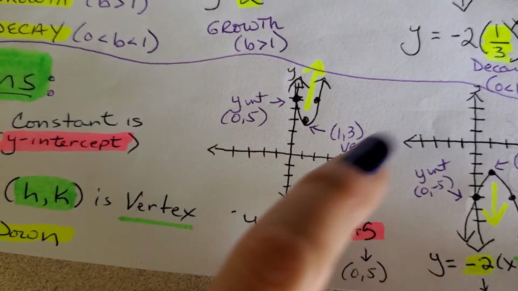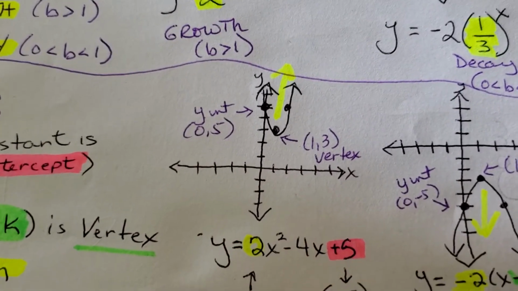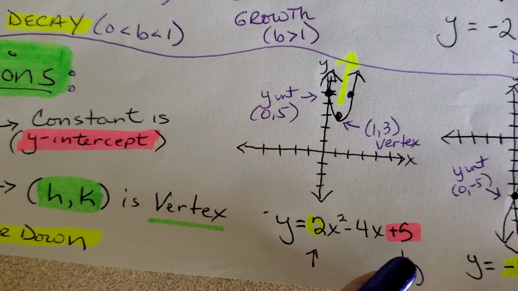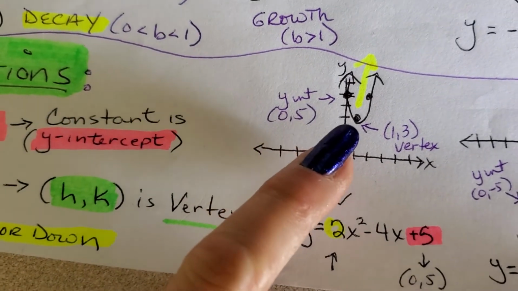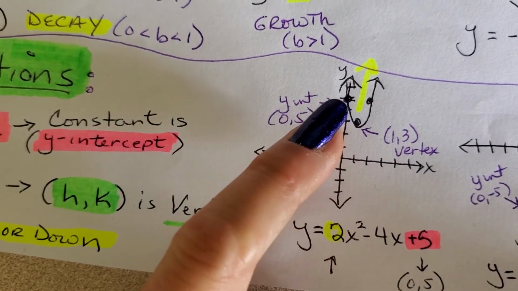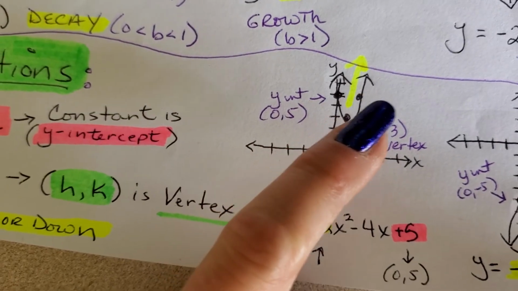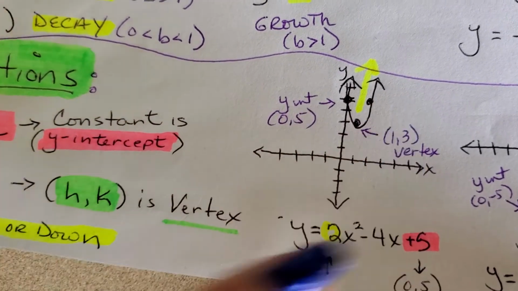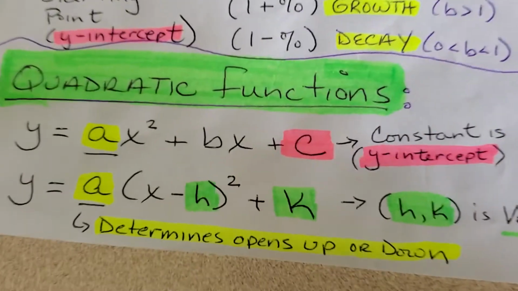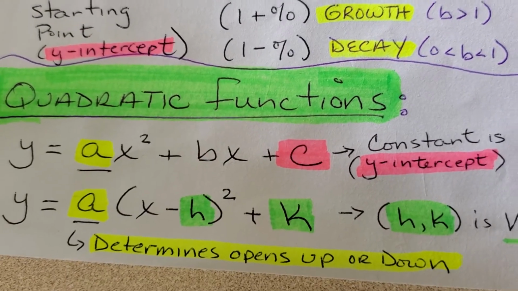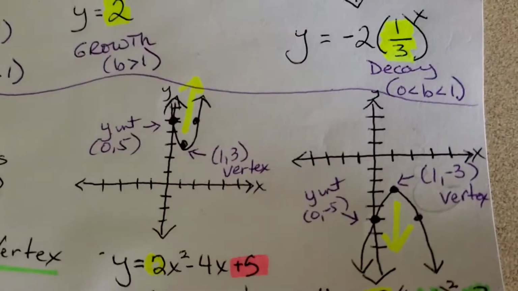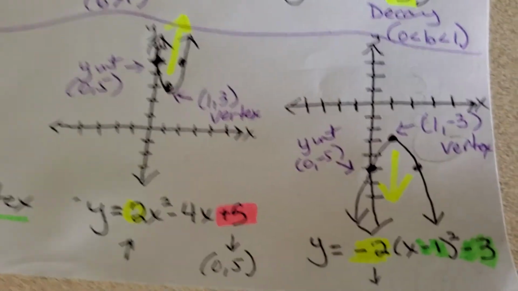Now, where did I get my vertex? I had to do more math, or I had to put this in my calculator, graph it, and I could find my vertex. And once I have my vertex and my y-intercept, I can find the opposite side because everything is symmetric in quadratic functions. So that's just, again, basic.